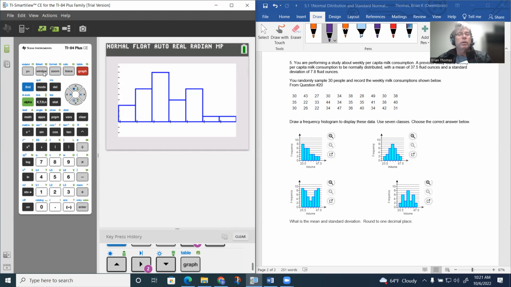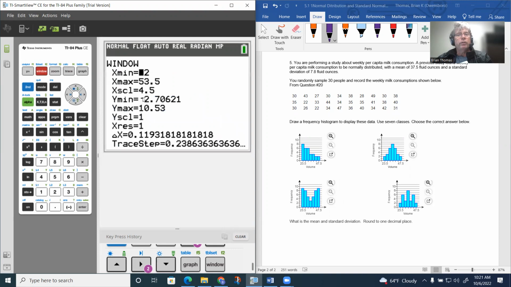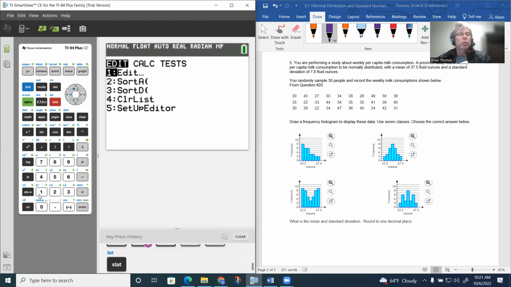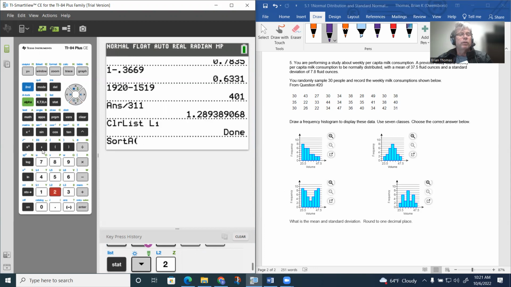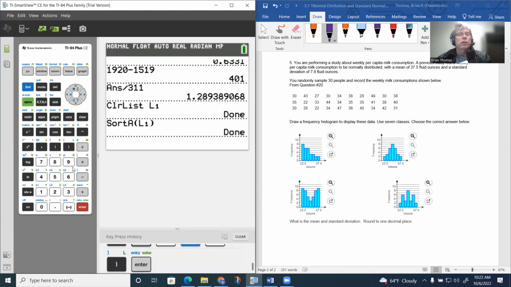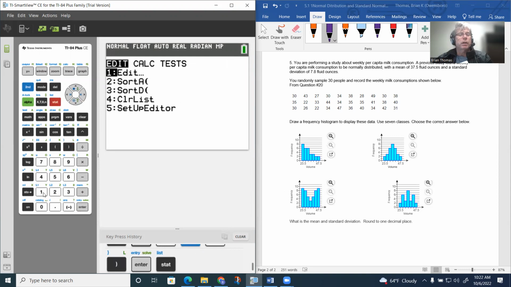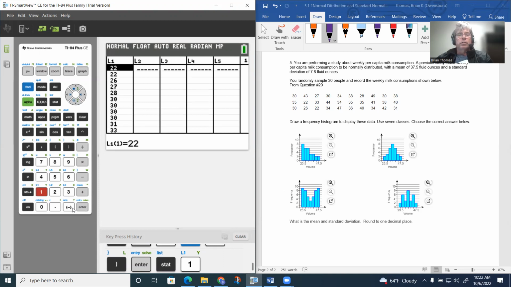If we look at the window, one thing we have to pay attention to is the scale, this 4.5 here. So to make sure our scale matches what they've got, if we go to stat, number 2 is sort. If we sort list 1, and go back to stat, edit. Remember, to determine a class width, you take the maximum value minus the minimum value divided by the number of classes you want.